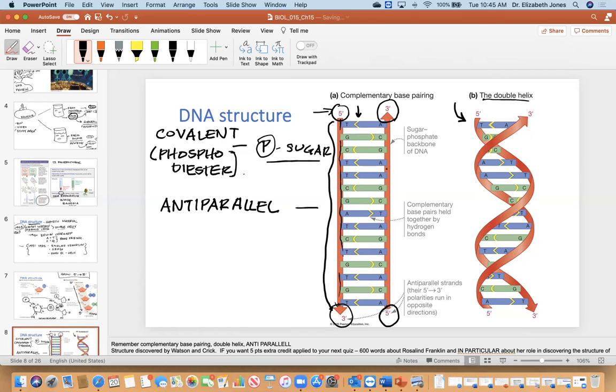On the other hand, the force that's holding together each of these base pairs is not a covalent bond. Instead, it is a hydrogen bond. Hopefully you guys remember that from our early chapters. And if you remember, hydrogen bonds were not permanent.